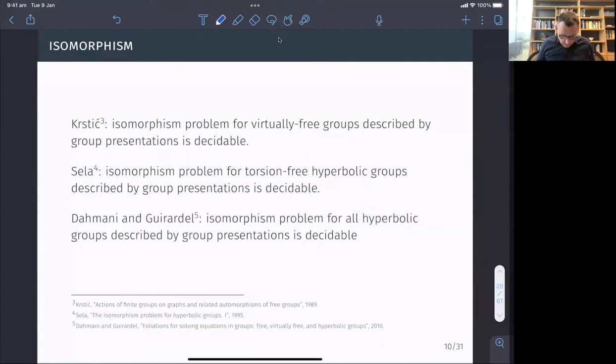And most recently, in 2010, Dahmani and Guirardel extended the Sela result to all hyperbolic groups, including those with torsion, which is the more difficult situation. So we have decidability for these problems where the inputs are two presentations and a promise that they're in a particular class.